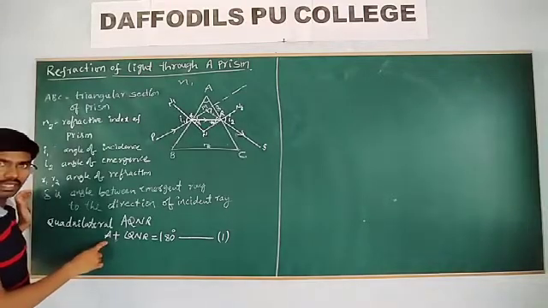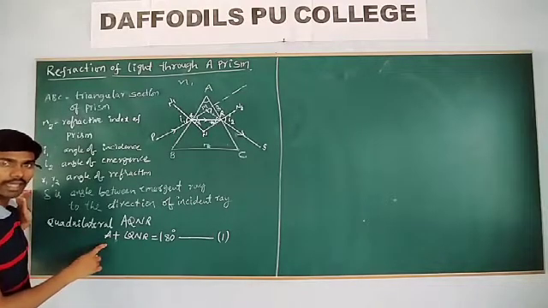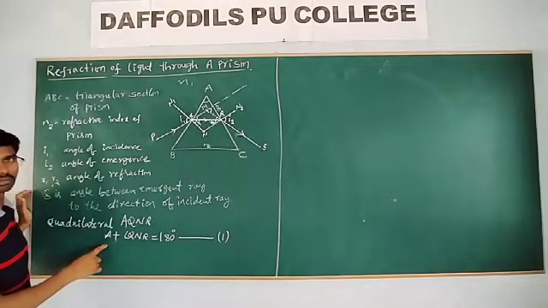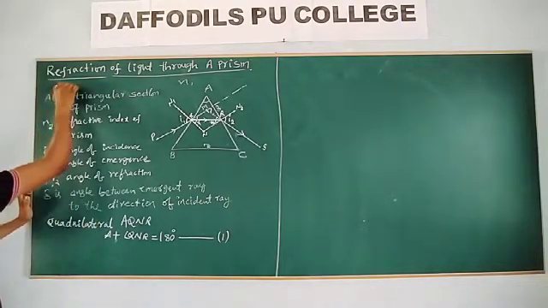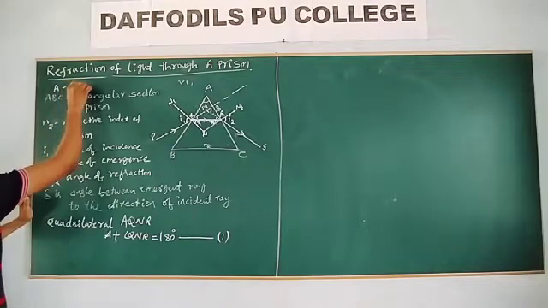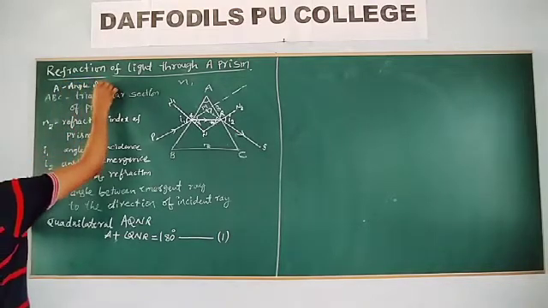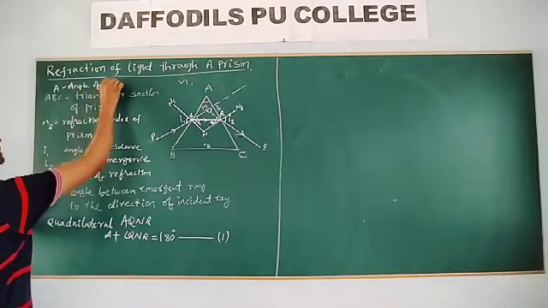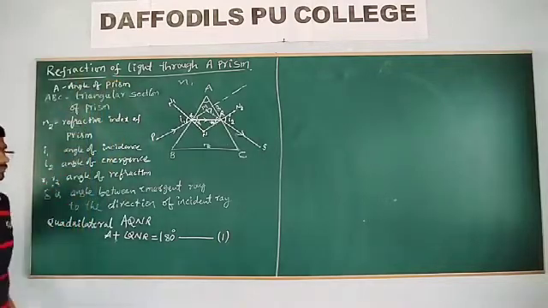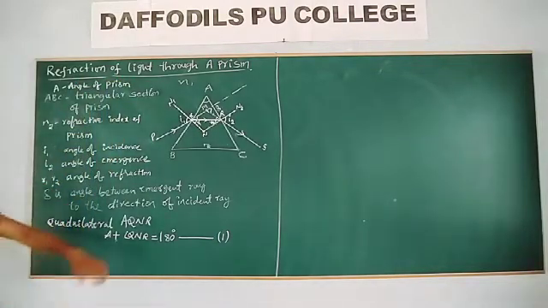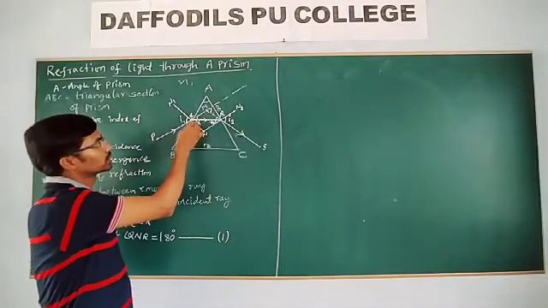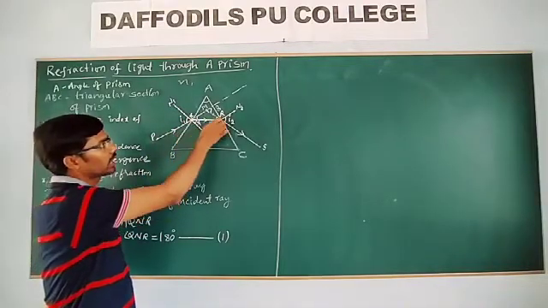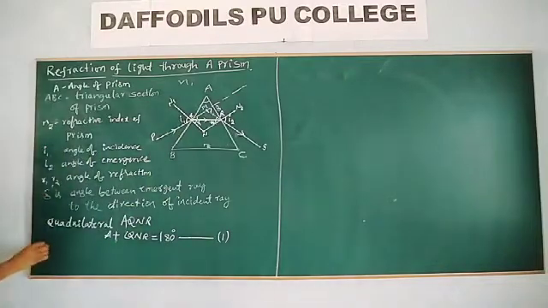What do you mean by A? A is the angle of prism, the refracting angle of prism. Similarly, we can observe clearly in this diagram triangle QNR.